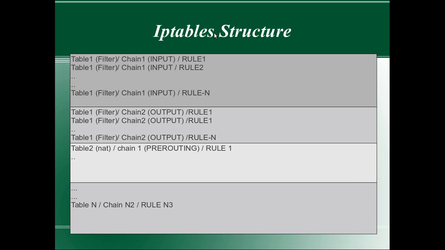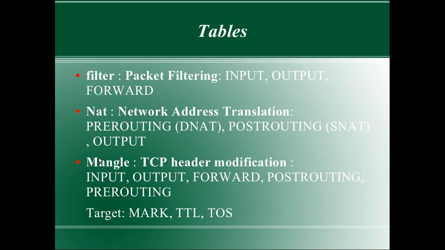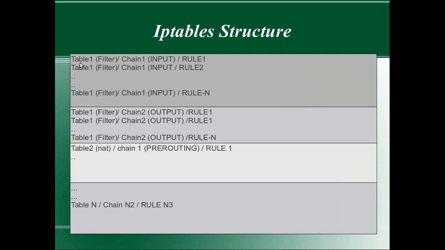Now, if we try to understand the iptables structure as we discussed, first of all, there are multiple tables. Defaults are filter, NAT, and mangle. Corresponding to every table, we have multiple chains. By default, for filter, input, output, and forward. So in every table, we have multiple chains. Corresponding to every chain, we have a set of rules.